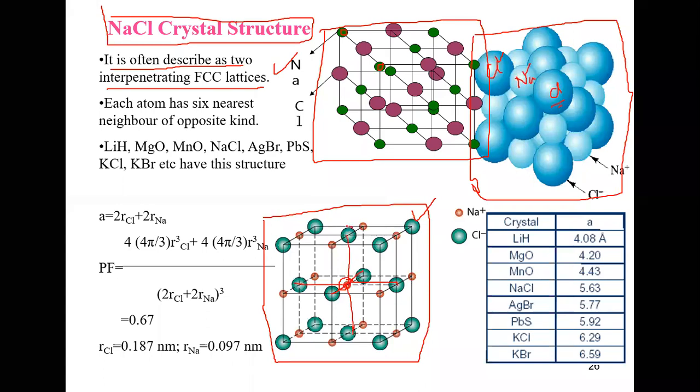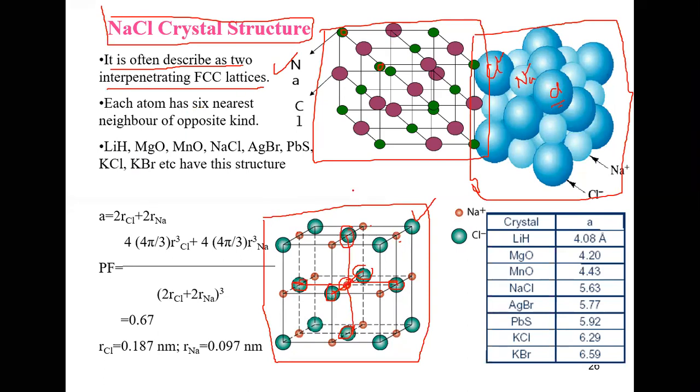How many nearest neighbors are there? 6 nearest neighbors of the opposite kind. Same situation if you choose another, like this chlorine: it has this one, this one, this one, this one, and this one, and then another in the upper unit cell. So it is two interpenetrating FCC lattices.